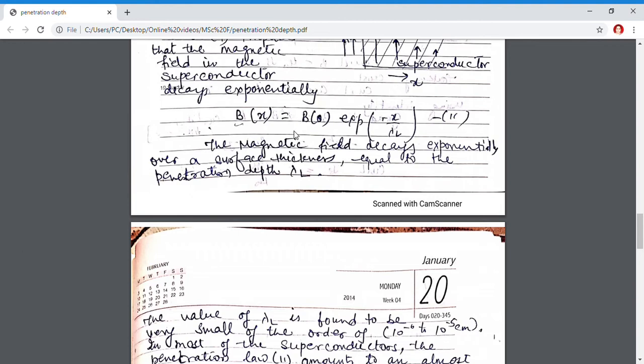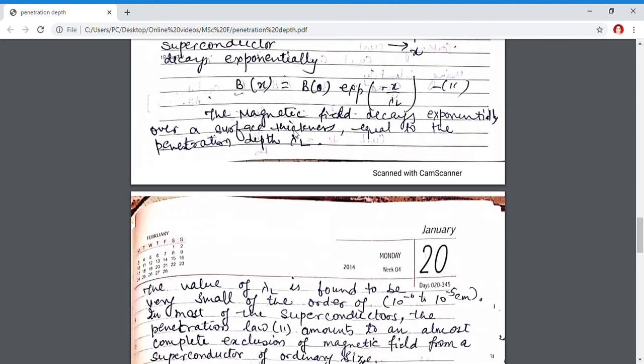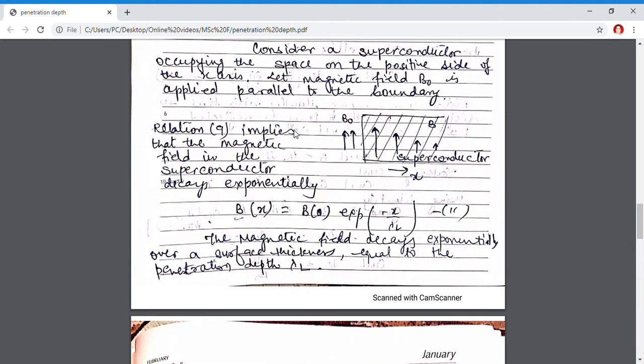But this exponential decay, which is shown here, is showing that it is exponentially decaying from maximum at the surface to the interior of the specimen. It is exponentially decaying as the value of x increases.